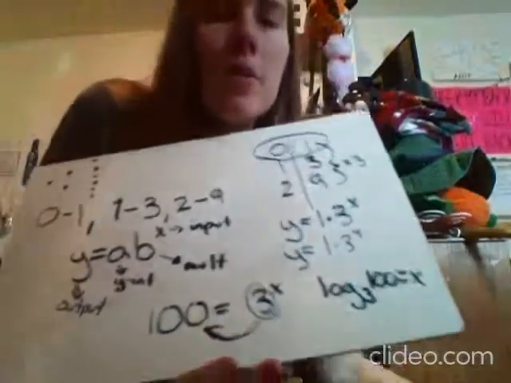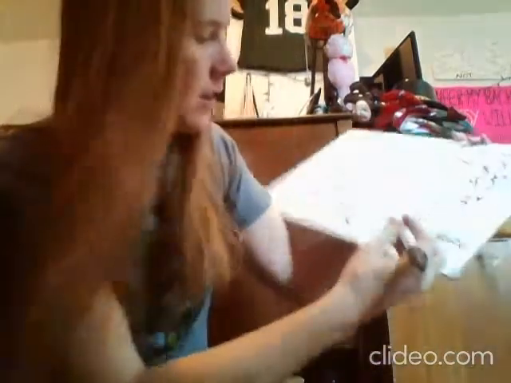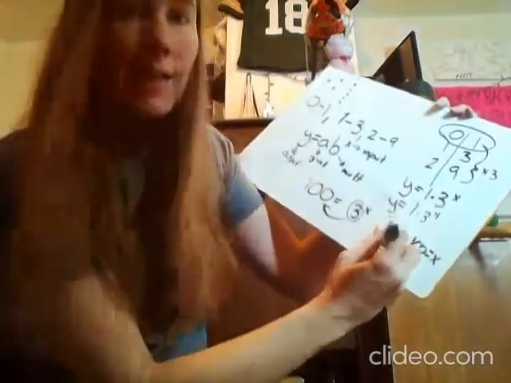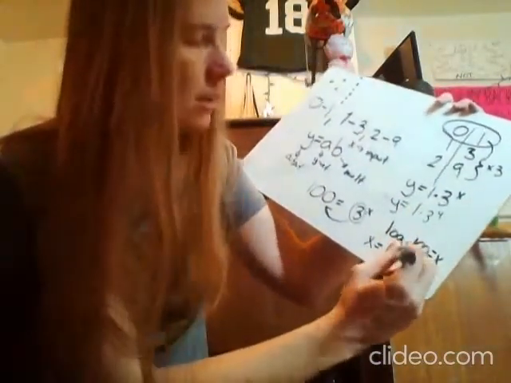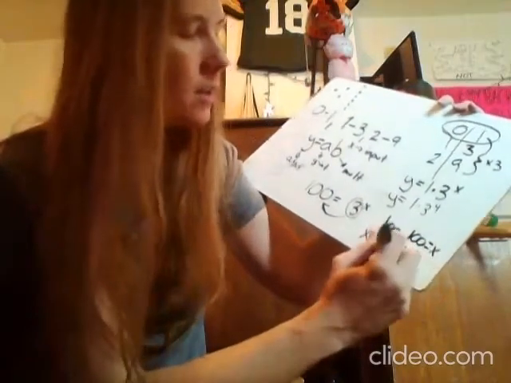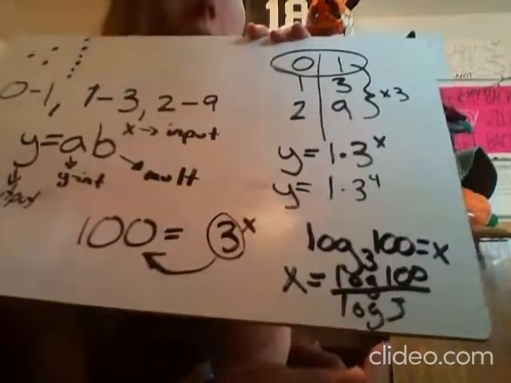Okay, so remember we use change of base to put this in our calculator. So change of base is where we divide the log of the top divided by the log of the bottom. So in this case, I'd have x equals log of 100 divided by log of 3, because 3 is our base, so our base goes to our bottom.